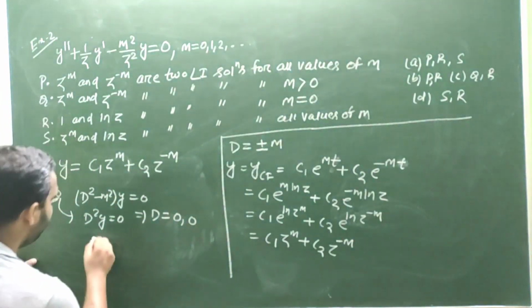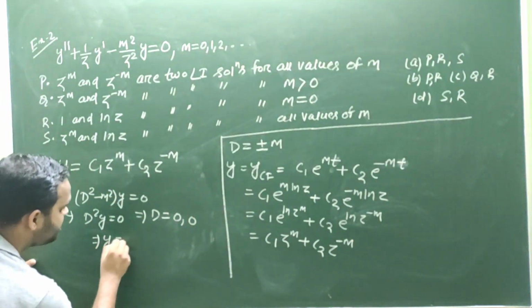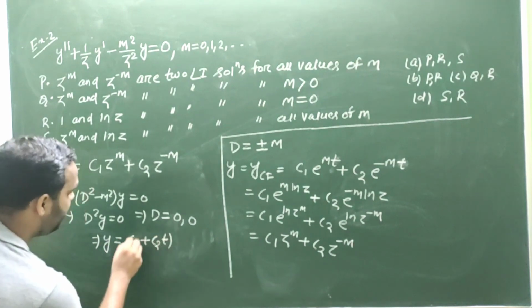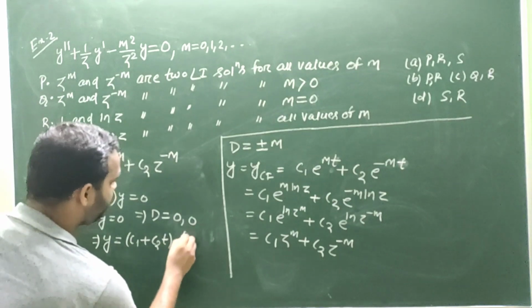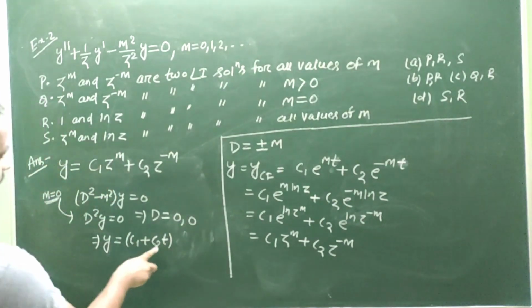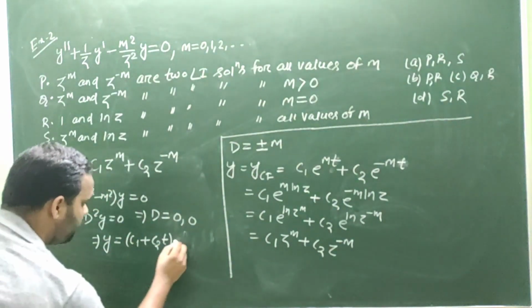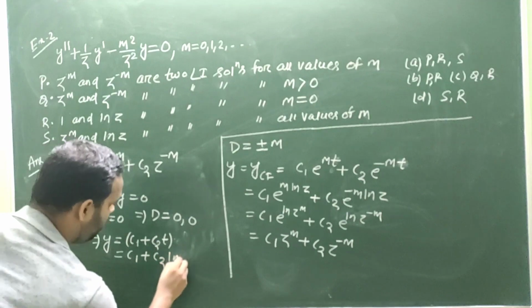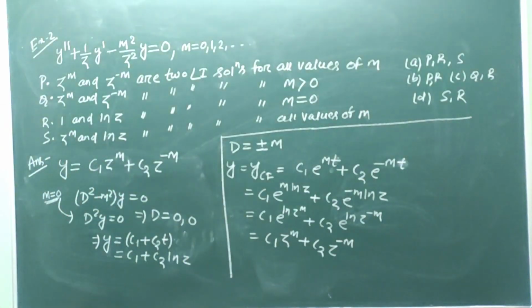And the solution will be y is equal to C1 plus C2 t, into e to the power 0, which gives 1. And t is log z. So finally you will get C1 plus C2 log z.